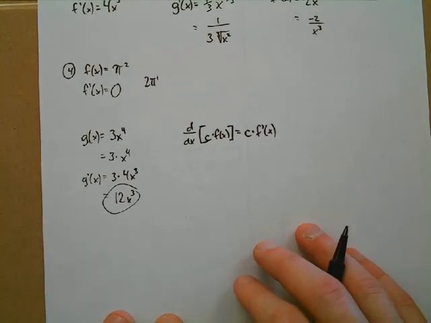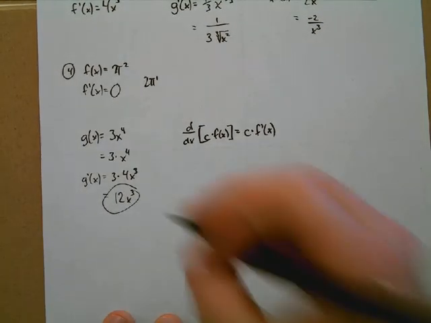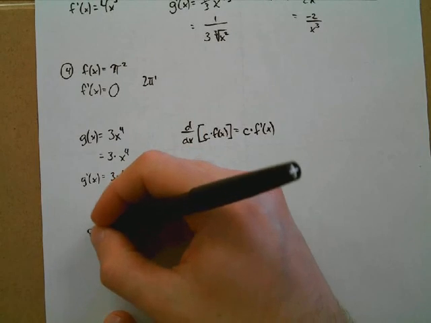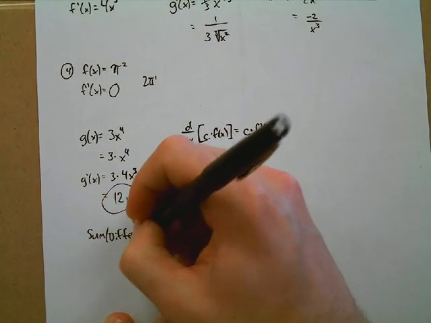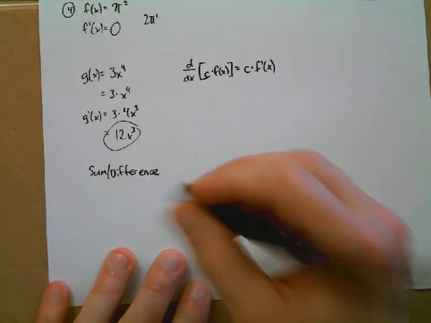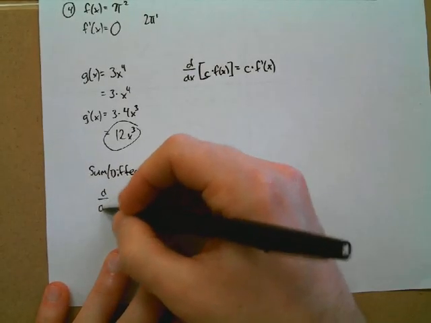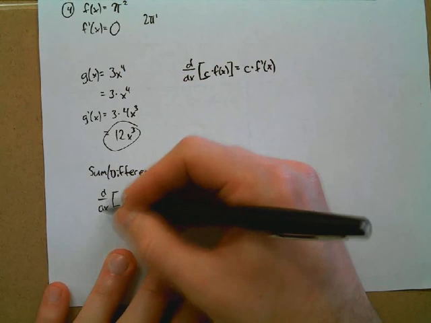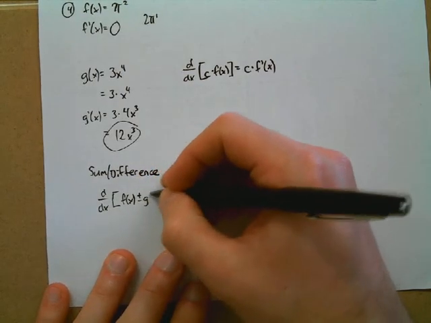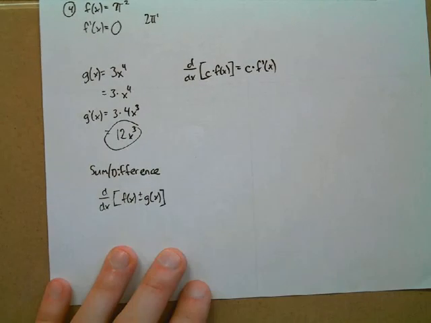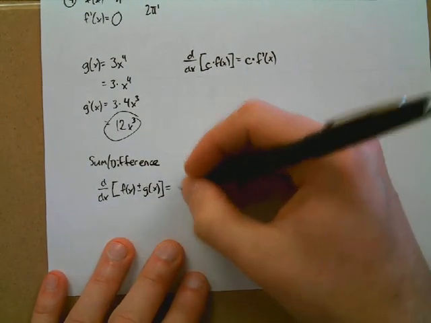So as a quick example, if we have f of x equals x to the third minus 4x plus 5, we can take the derivative of this polynomial by taking the derivative of the individual pieces that are split up by addition or subtraction.